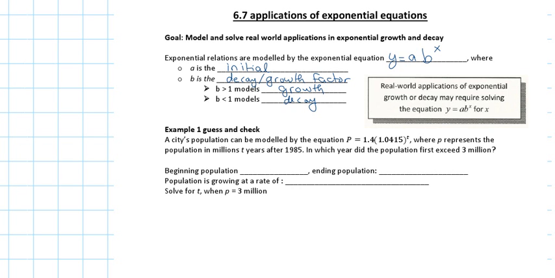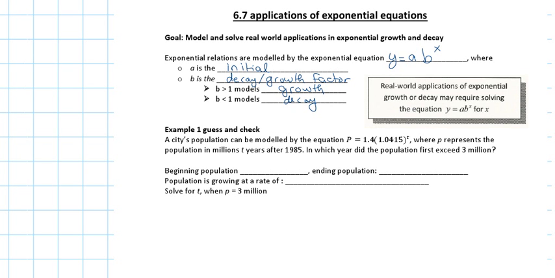In which year did the population first exceed 3 million? What am I looking for? I'm looking for time. And how do we know that? In which year? So it's asking you for a time. Okay? Good.